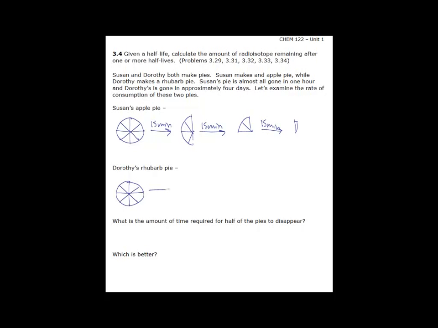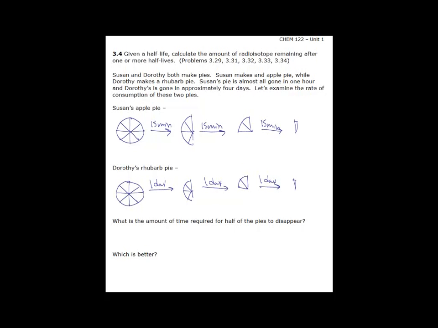eight pieces, it takes 1 day for the pie to be halved. Another day elapses, and 2 pieces remain. Another day, and the little sliver remains.